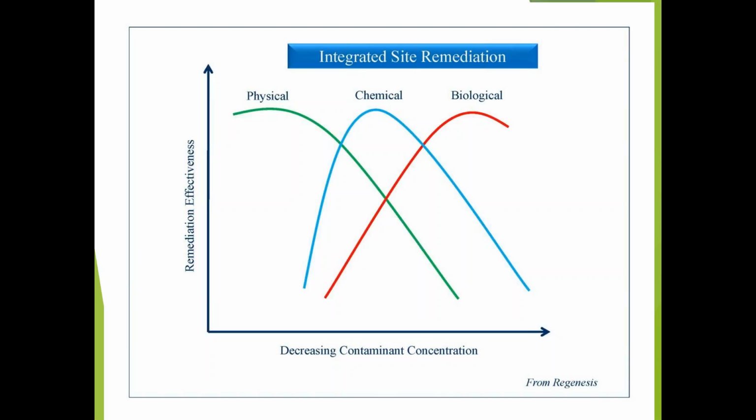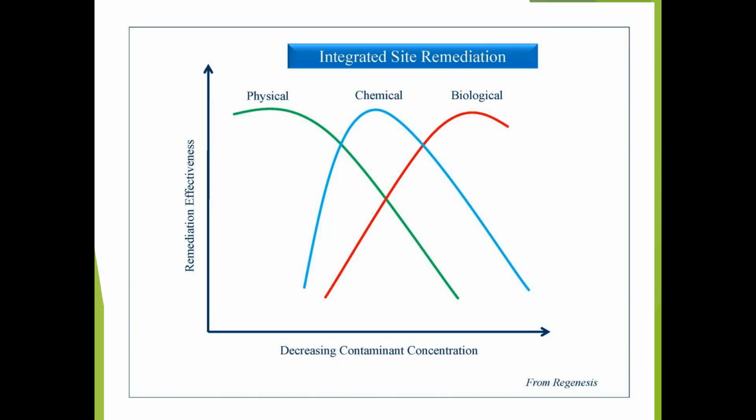So physical removal, which would include technology like pump and treat and dual-phase extraction systems, is massively effective when you have high concentrations of DNAPL, and it decreases in effectiveness quickly as the concentrations of DNAPL decrease.